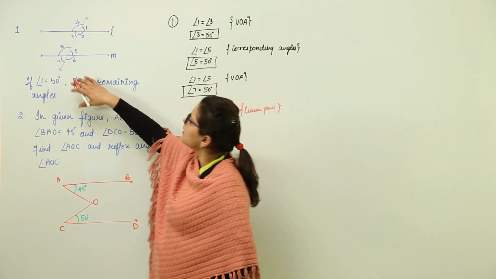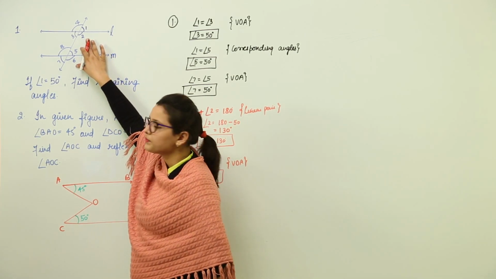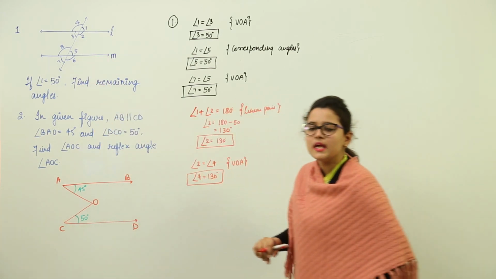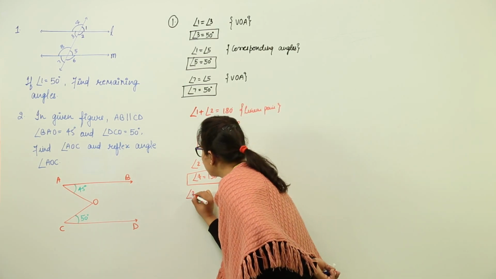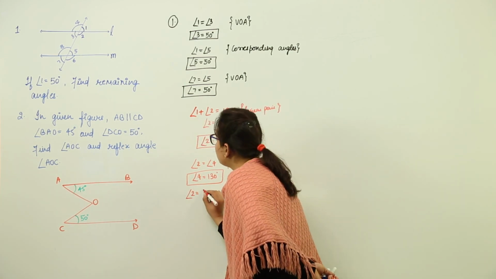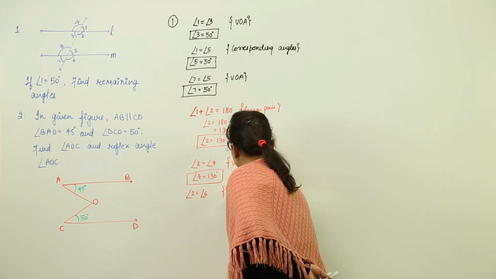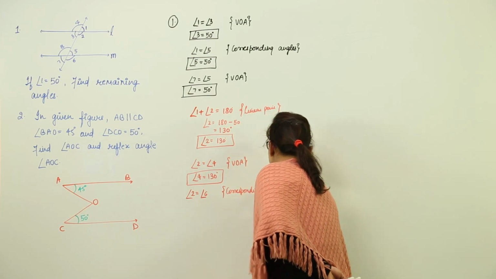We can still find out that angle 2 and angle 6 are forming corresponding angles, right? That means angle 2 will be equal to angle 6, as we have studied that corresponding angles are equal to each other. So we can write over here angle 2 equal to angle 6. Reason, they are corresponding angles, and corresponding angles are always equal to each other.